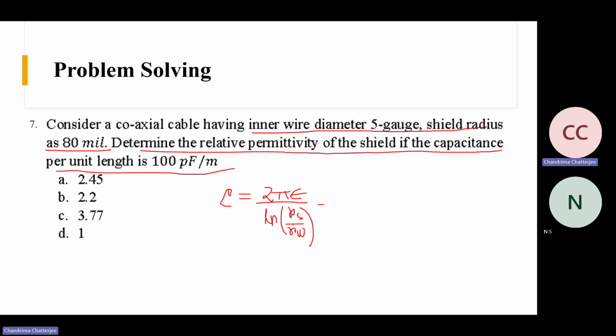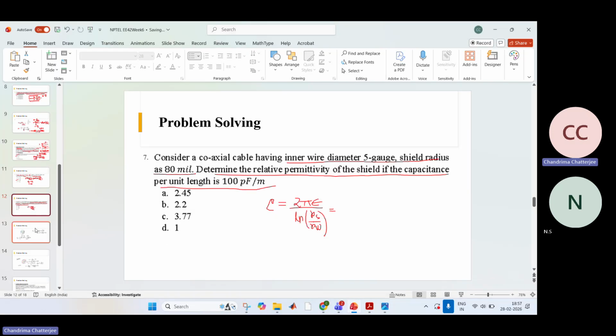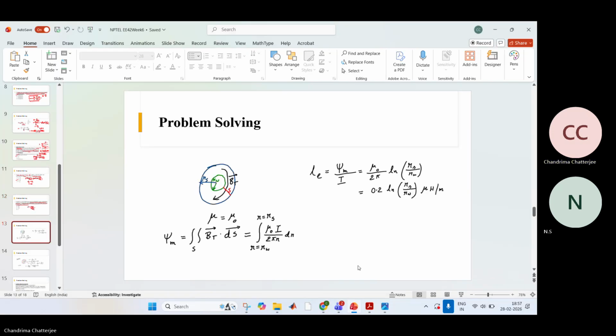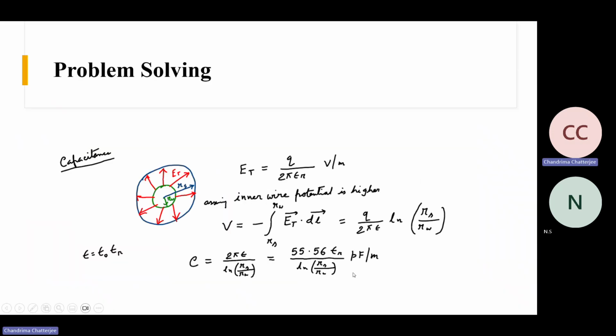So directly we can convert it to picofarad, as the capacitance value is given in picofarad, so it is easier. And instead of this, you can directly use this expression. This is after calculating 2 pi epsilon naught and then converting it to picofarad.